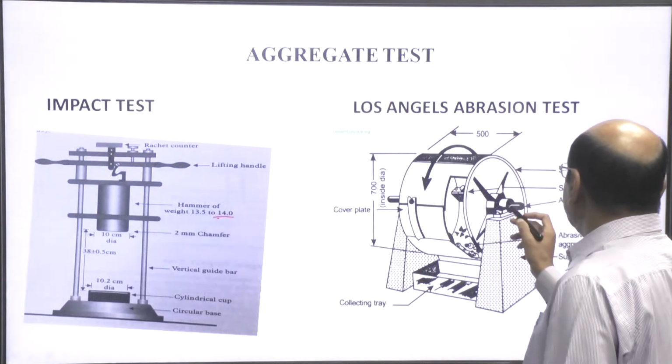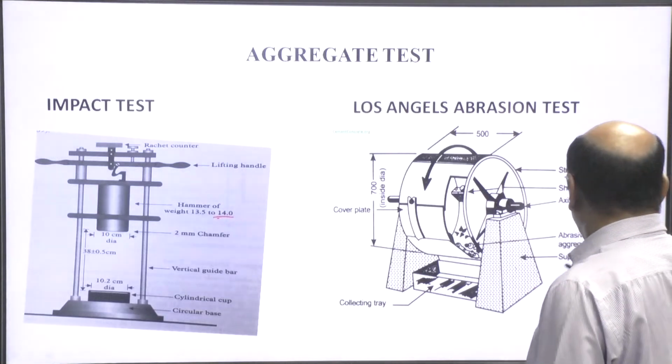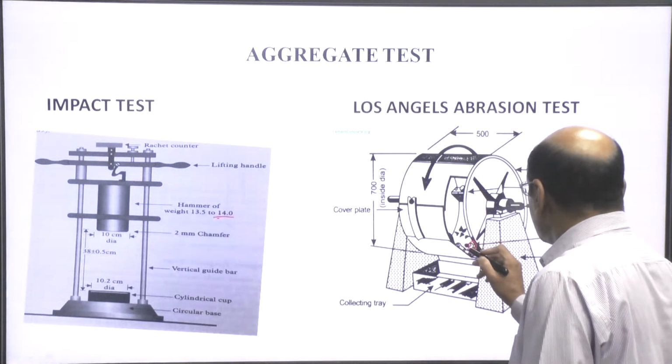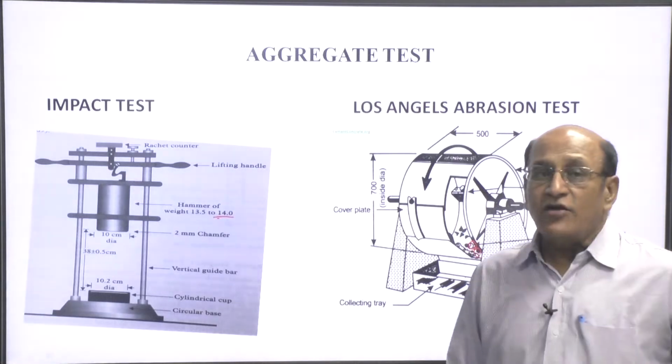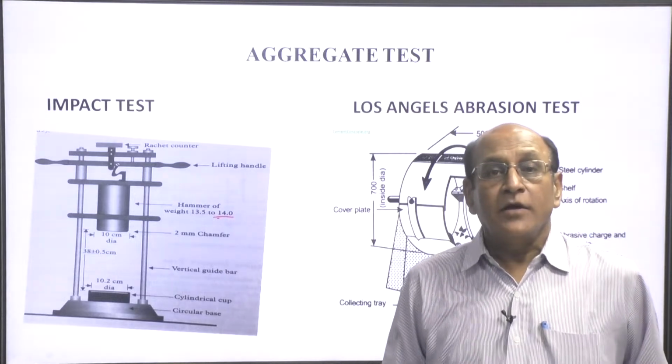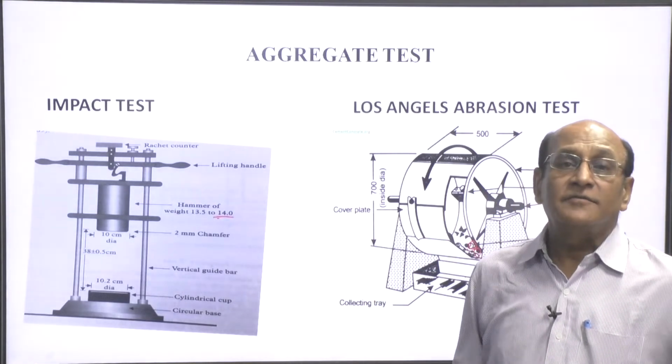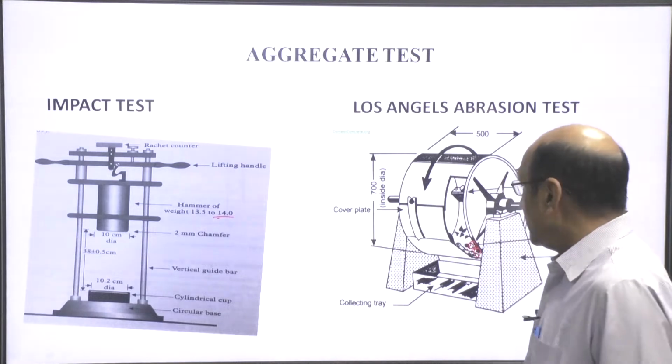This is the shelf and this is the axis of rotation. These are the chargers, and generally 12 chargers are put in the cylinder to create a simulation of the actual site.